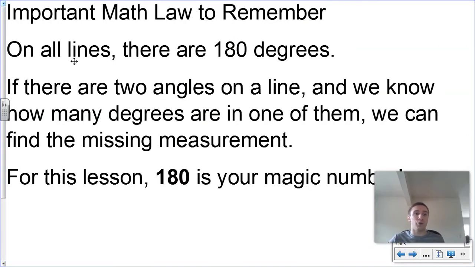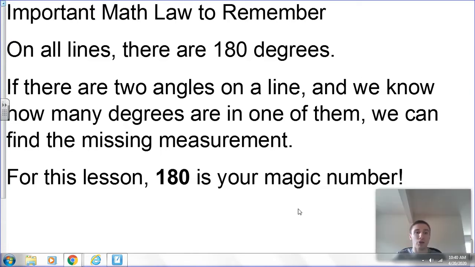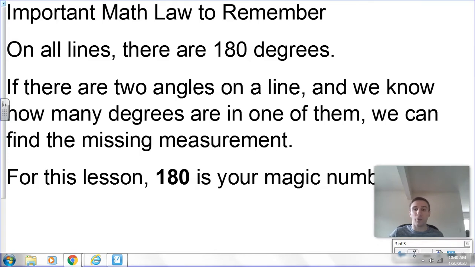So the math law for us is that on every line, every straight line, there's 180 degrees. Now, if there's 2 angles on a line, and we know how many degrees are in one of those angles, we can figure out the missing measurement. So the magic number we have to remember all day today is 180 degrees. Okay, 180 is going to be our magic number that's going to really be helpful to us.